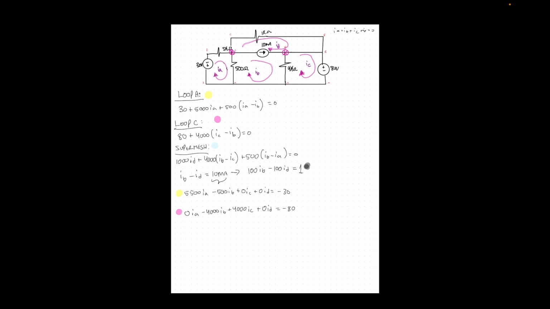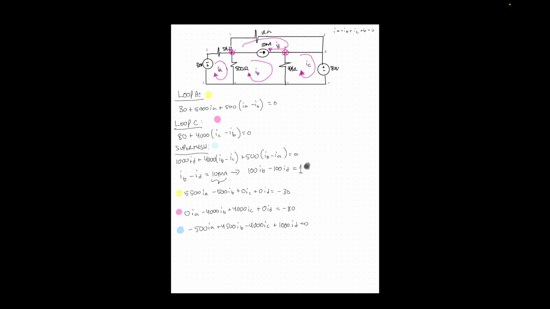For my blue section, right over here, after distributing again, I'm going to end up with minus 500 IA plus 4,500 IB minus 4,000 IC plus 1,000 ID equal to 0.